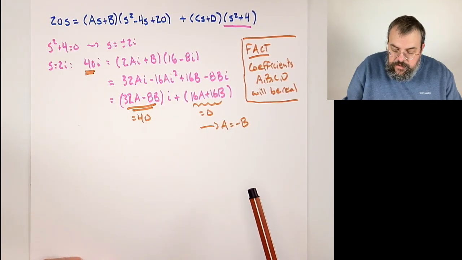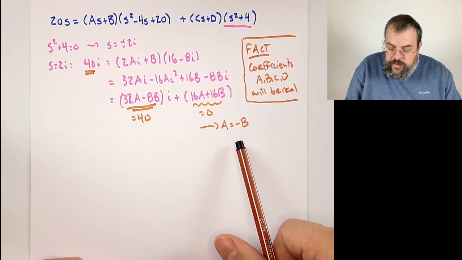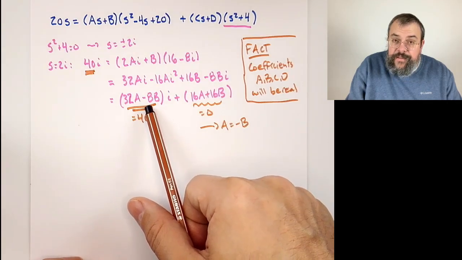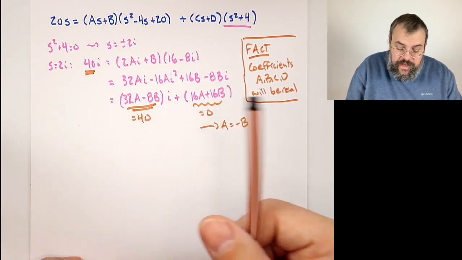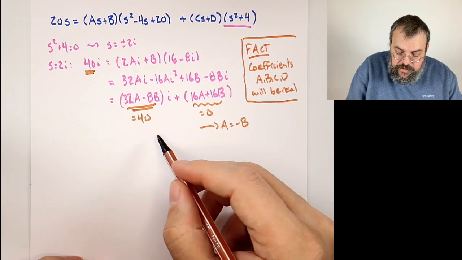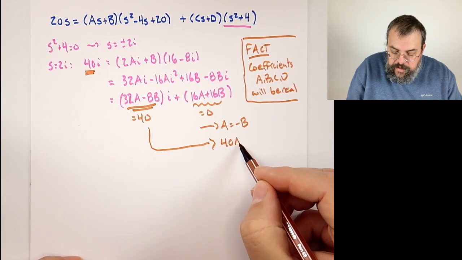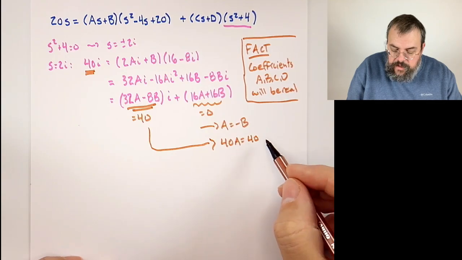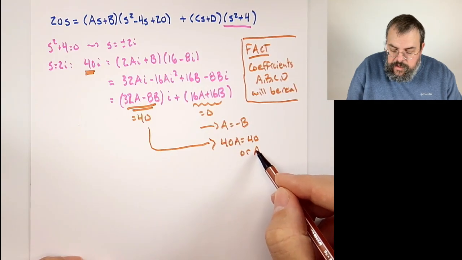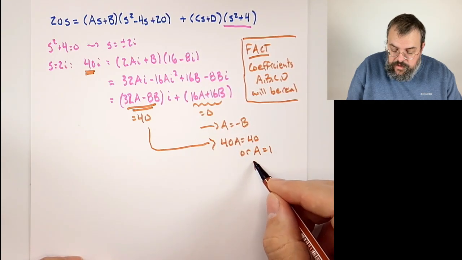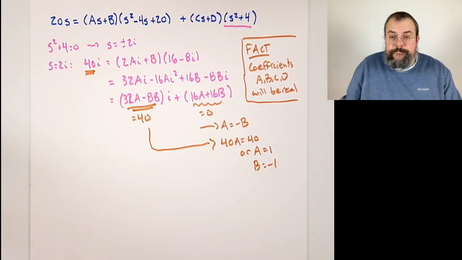All right. Well, now, what does that do? Well, one thing we can do is, okay, that says minus 8b is the same as plus 8a. So now that would tell us that 40a has to equal 40, or a equals 1, which says that b equals minus 1.